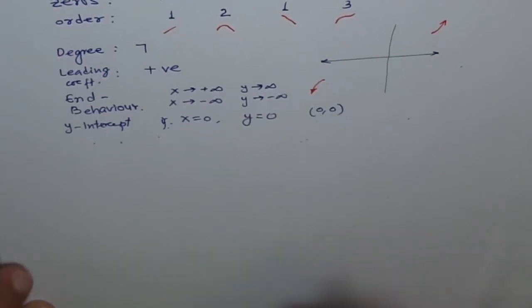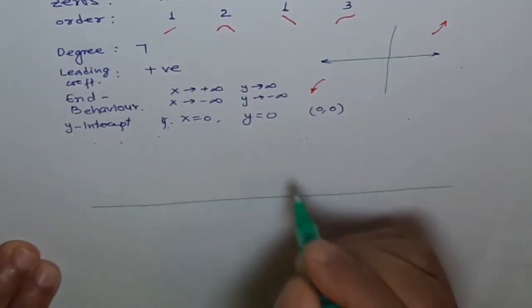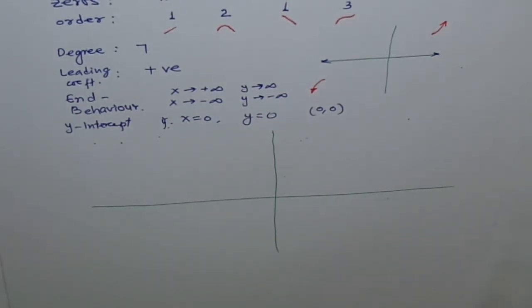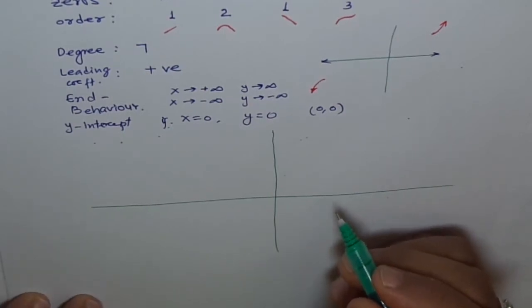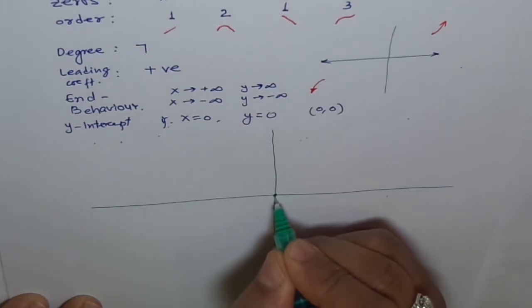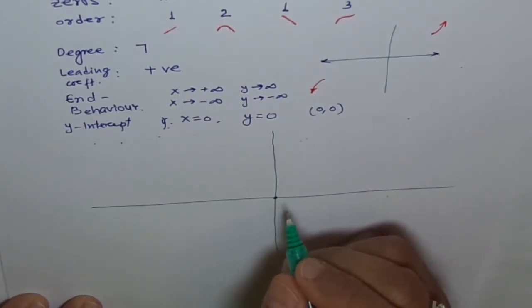Let me draw on a bigger scale. Let's say this is our coordinate system. Now here, let's put all our zeros. The first zero we saw was at x equals 0. Here it is, x equals 0. Then we have x equals minus 6.